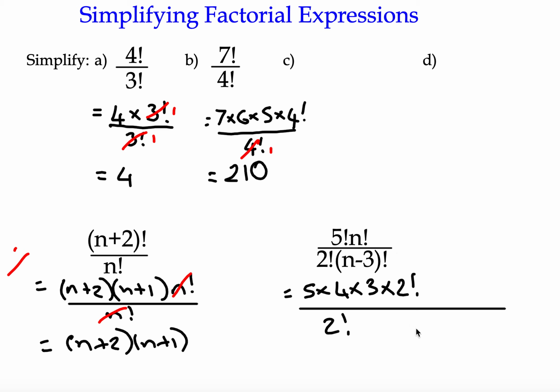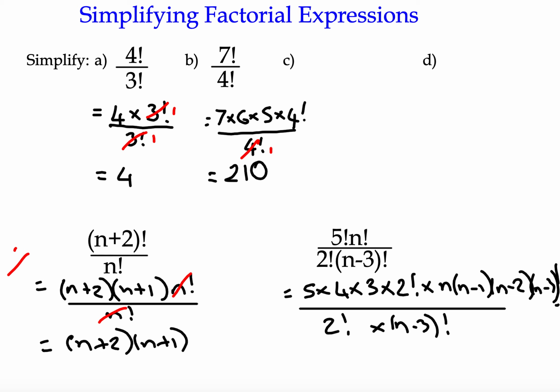So up here we've got n times n minus 1 times n minus 2 times n minus 3 factorial. Okay, I've just squeezed it in there.